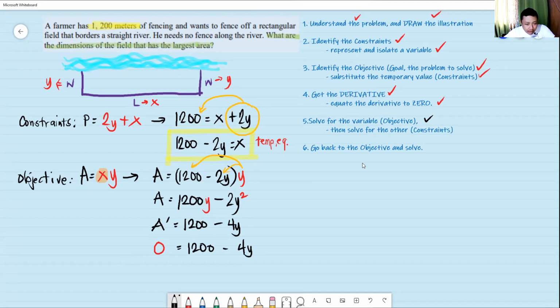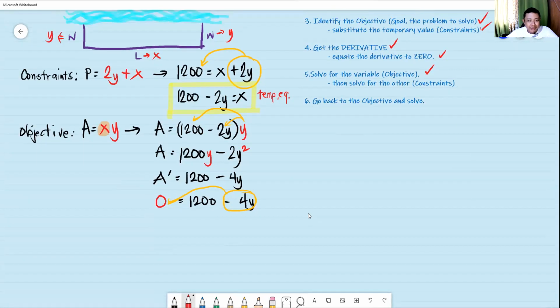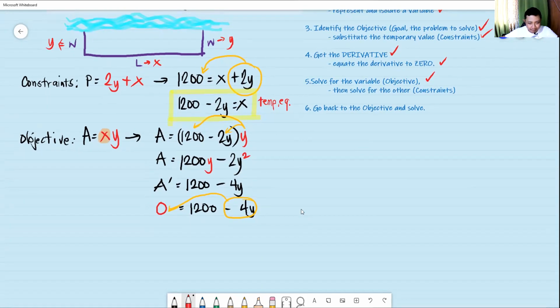When you transpose it to the other side to make it positive, what will be the value of y? Go. Solve for the variable. Type it in the chat box, please. One of your classmates already solved even the other variable. Very good. So therefore, this will become 4y is equal to 1,200.